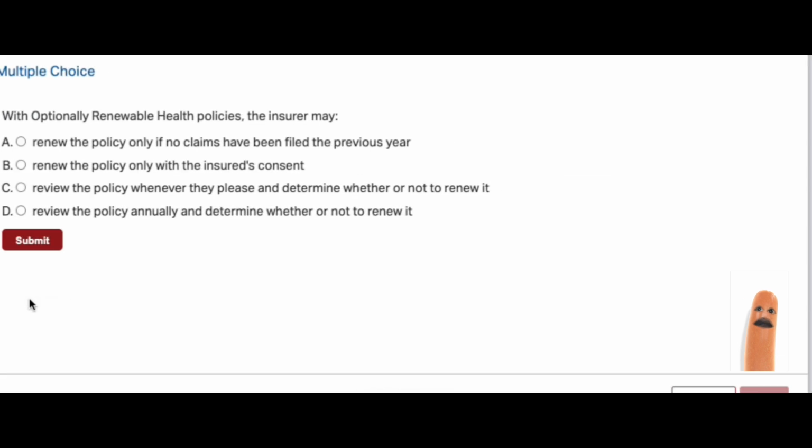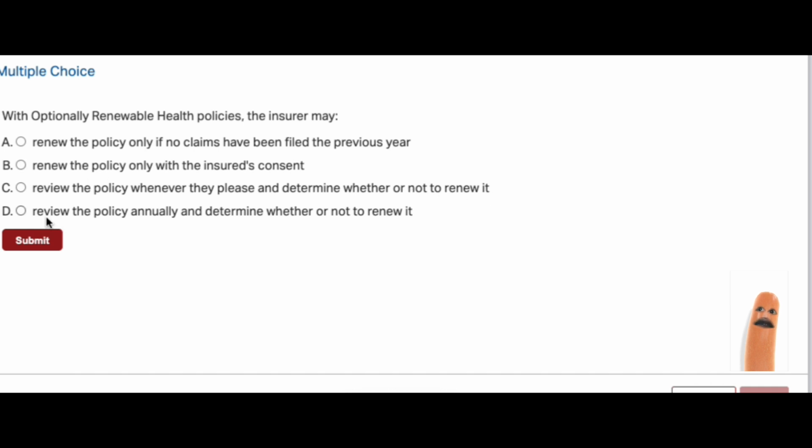With optionally renewable health policies, the insurer may A, renew the policy only if no claims have been filed the previous year. B, renew the policy only with the insured's consent. C, review the policy whenever they please and determine whether or not to renew it.